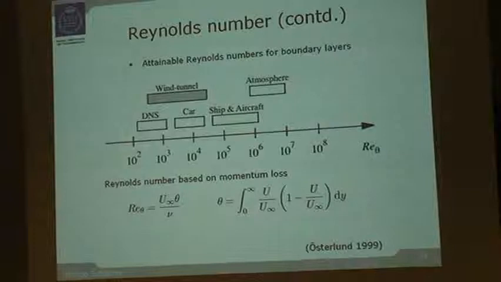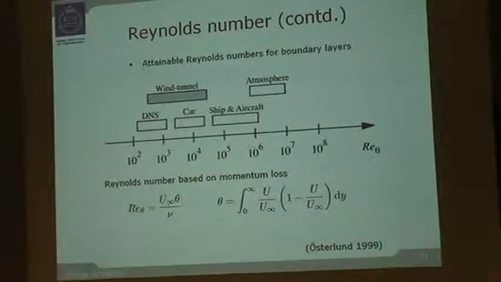In terms of simulations, we reach here maybe 10 to the 3, so 1,000 to 2,000 in terms of Re theta. Wind tunnels span the region from a few hundred to 10,000s. And technical applications of cars or airplanes also span the region starting maybe at a few thousand.